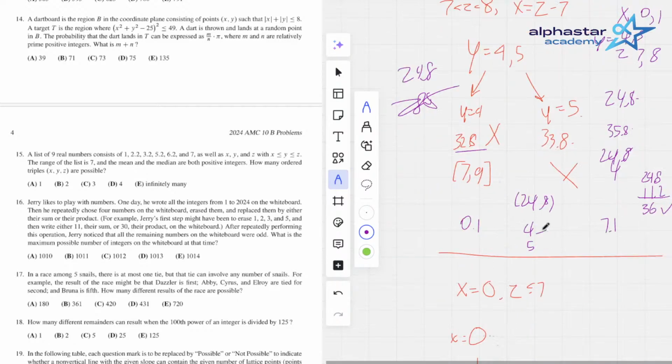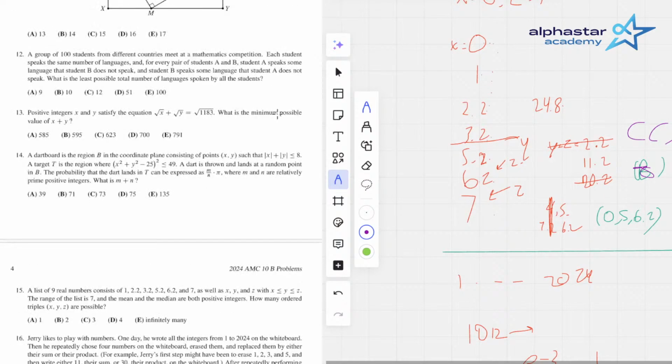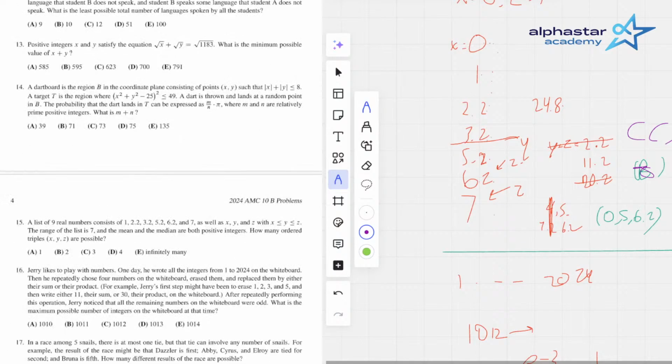Okay, so there's one extra case. So the answer is actually 3. Okay, I don't think I made any other mistakes. Okay. Whoop. Alright, I might have changed it to the wrong answer, but I think that last one does work.